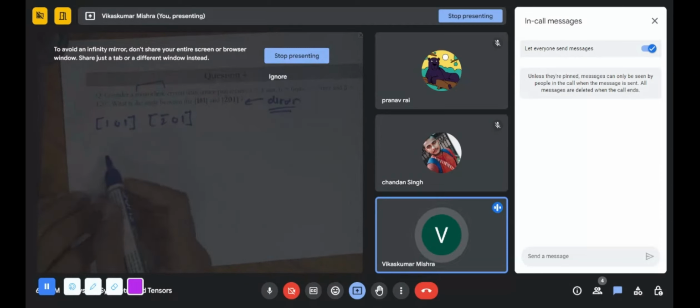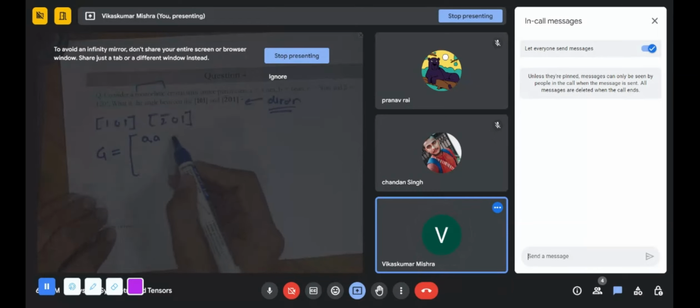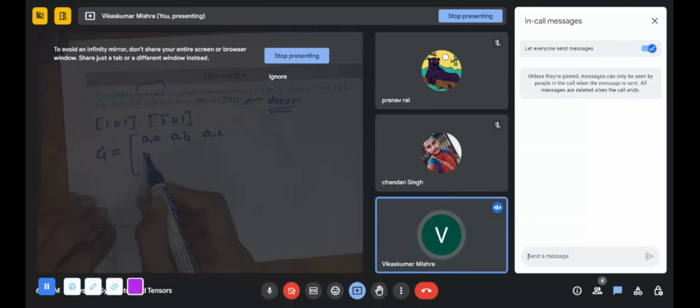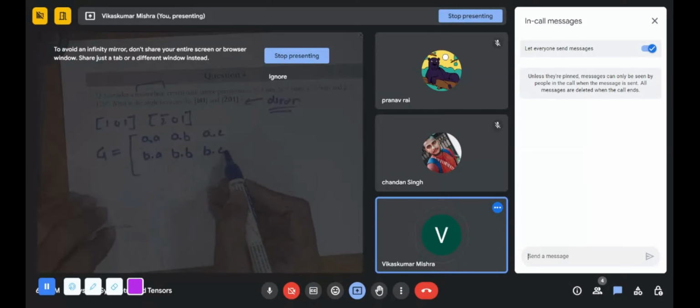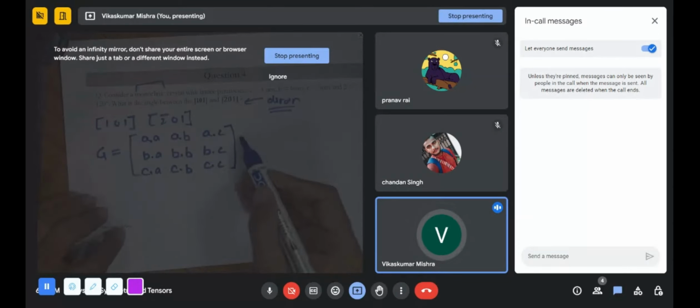So first of all, what we will do, we'll find the metric tensor, which is a dot a, a dot b, a dot c, b dot a, b dot b, and b dot c, c dot a, c dot b, and c dot c. You guys can also solve with me on your end.